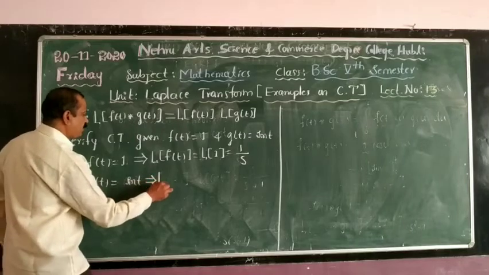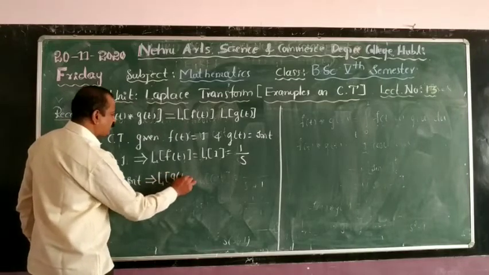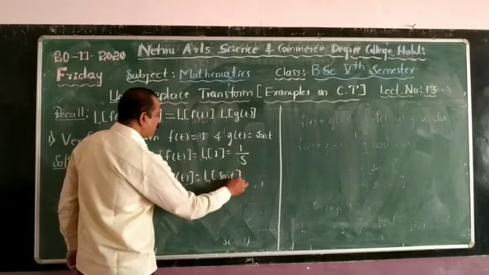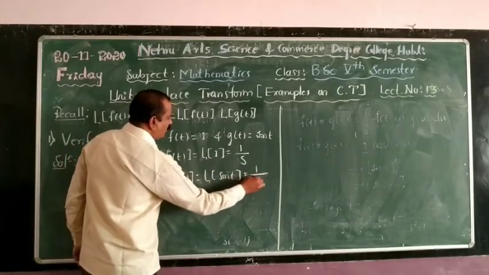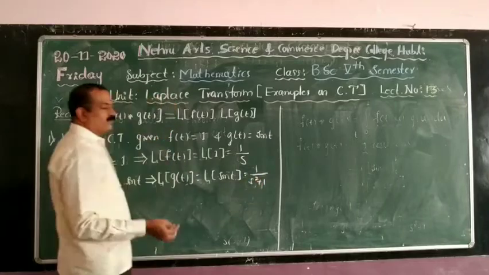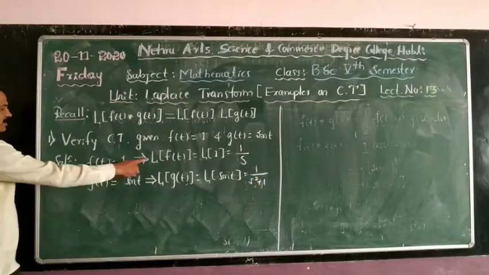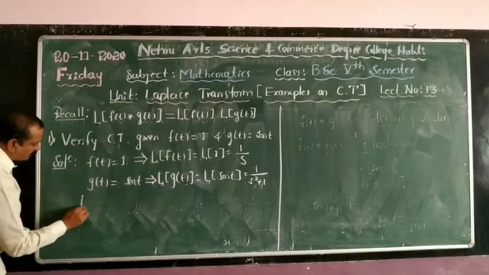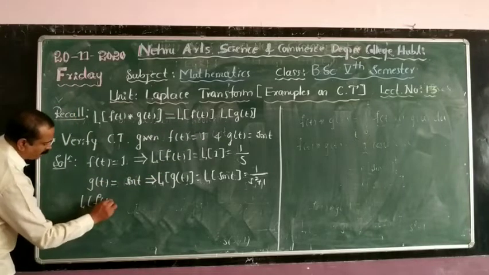If g of t is sin t, then L of g of t is L of sin t, equal to 1 divided by s square plus 1. So L of f of t is 1 by s, and L of g of t is 1 by s square plus 1.